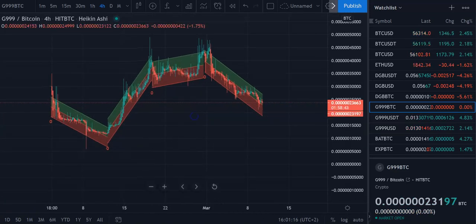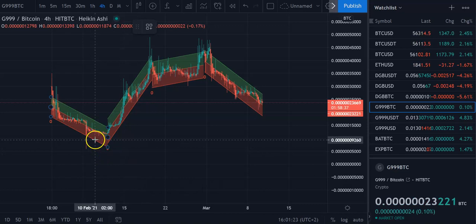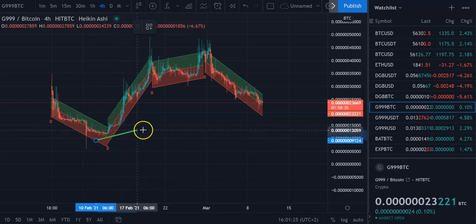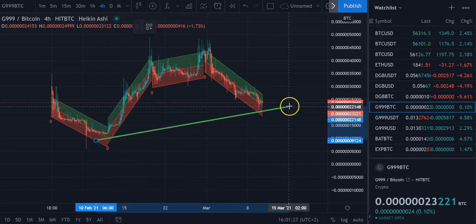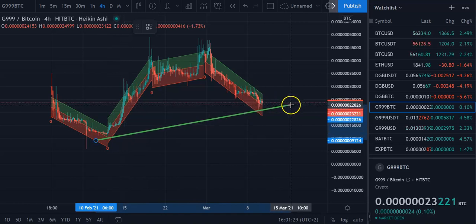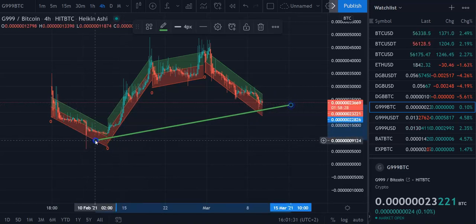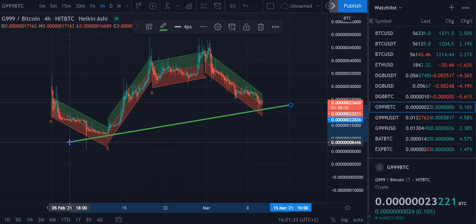And even if we try to put a major trend line on here, and I'm not going to be too accurate because I'm zoomed out quite a bit, let's take it from the bottom of that candle wick and stretch it to the bottom of that price reversal when the bull run started.